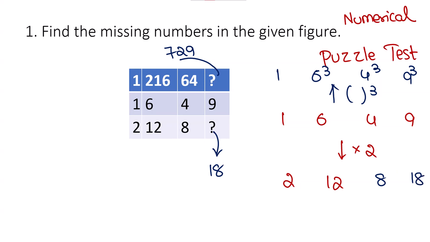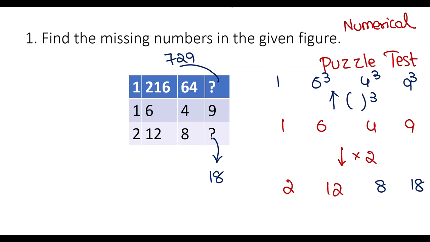Right, so let's see the next question. Numerical puzzle test, that section 5 example. A few questions are a bit easy in a few sets, a few questions are a bit difficult.